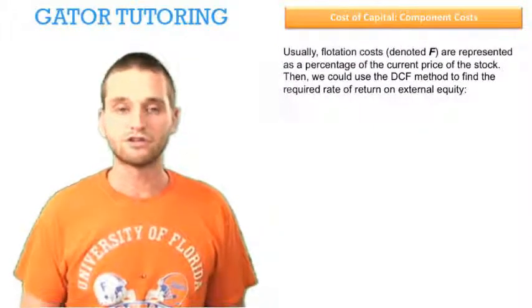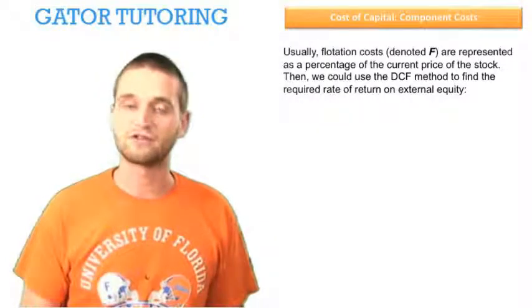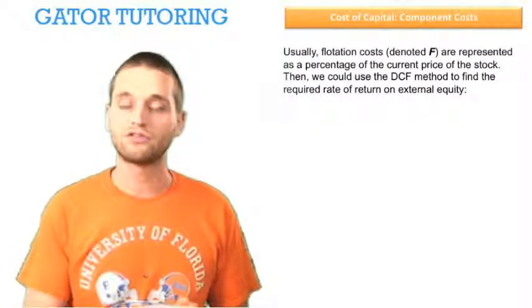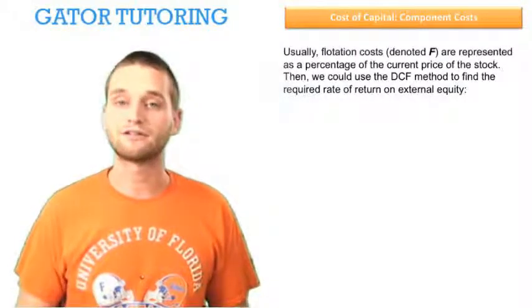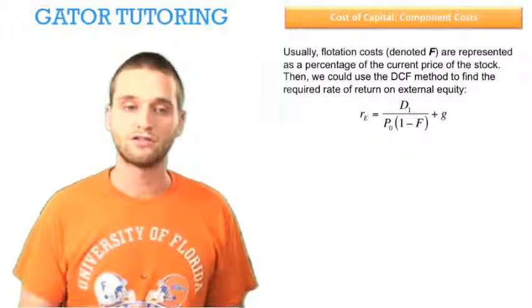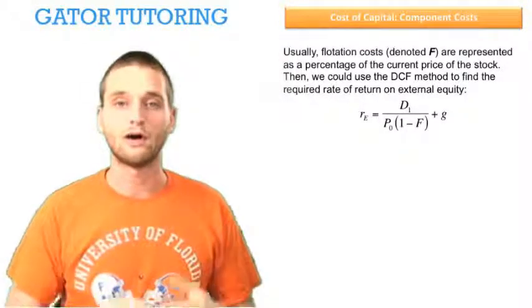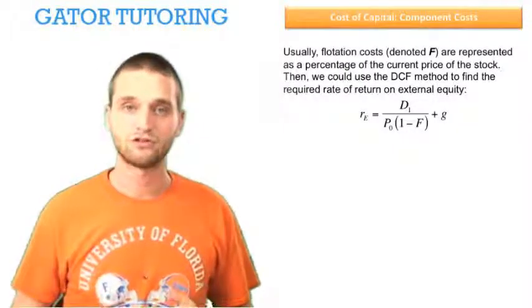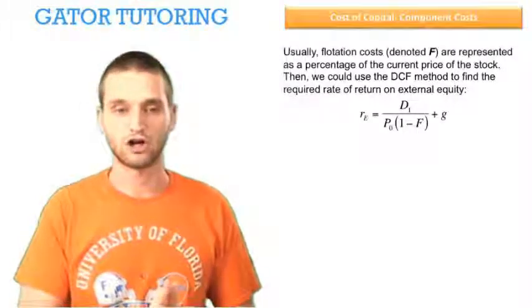Usually, flotation costs, which we usually denote F, are represented as a percentage of the current price of the stock. Then we can use the discounted cash flows method to find the required rate of return on external equity. So this is the equation, and here notice we use the subscript E to denote external equity, as opposed to usually we use the subscript S to denote just common shares that are already part of our retained earnings.